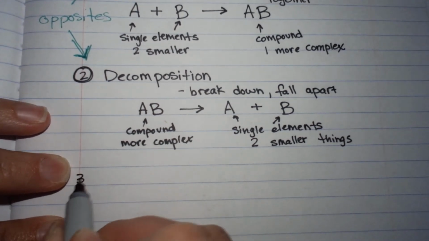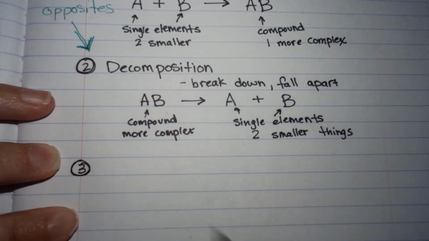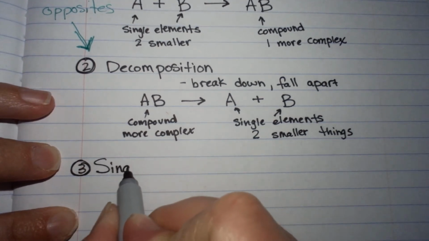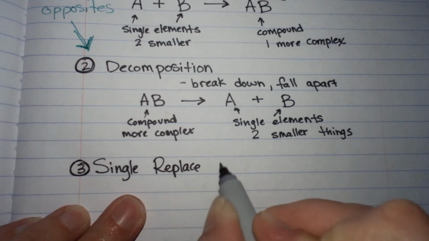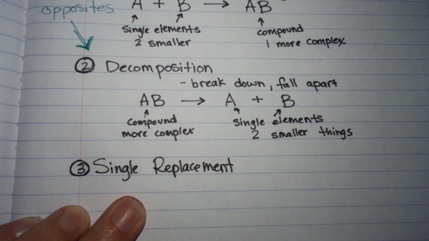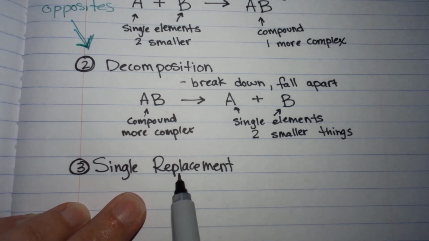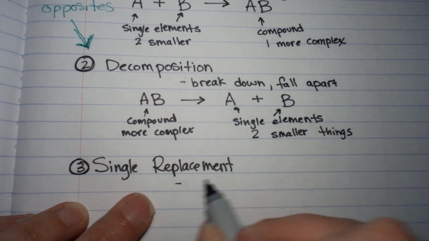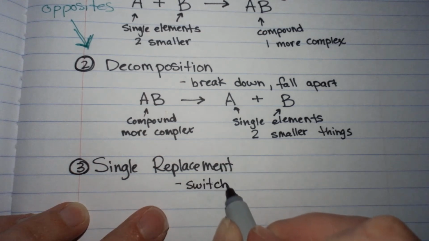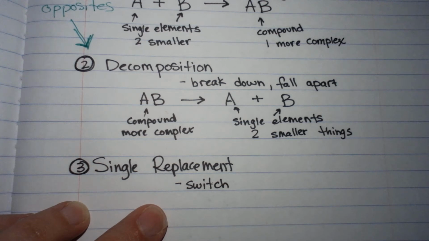Third kind is called single replacement. What does to replace something mean? To switch it, okay? That's a good way to look at it. If you replace something, you usually put a new one in its place.